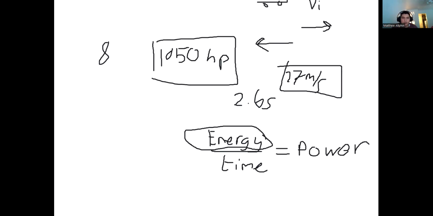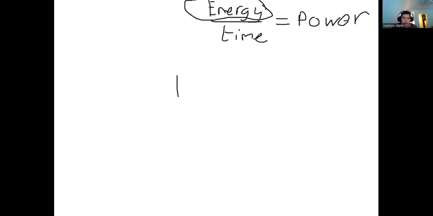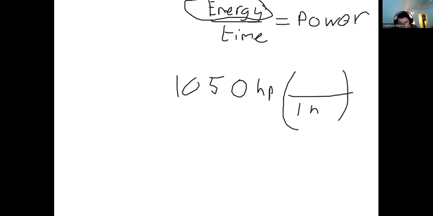To do that, first I do 1050. Then the table in my book tells me that for 1 horsepower, I have 746 watts, 746 watts, like that. So I'd have to convert that to get an answer.